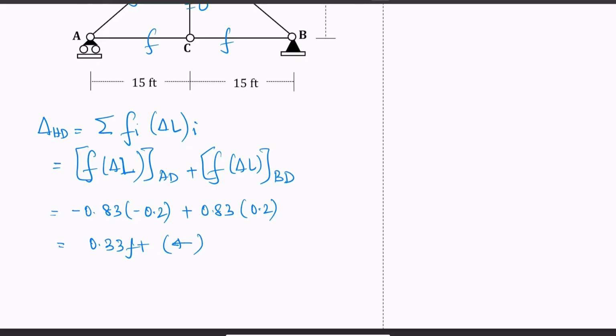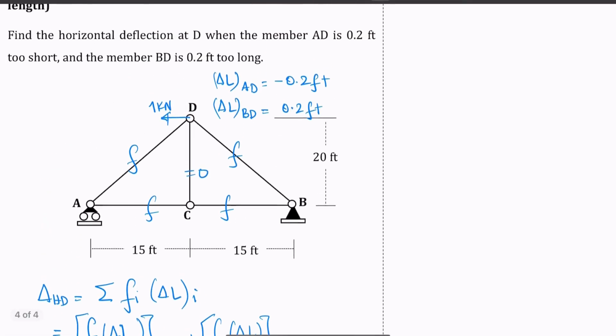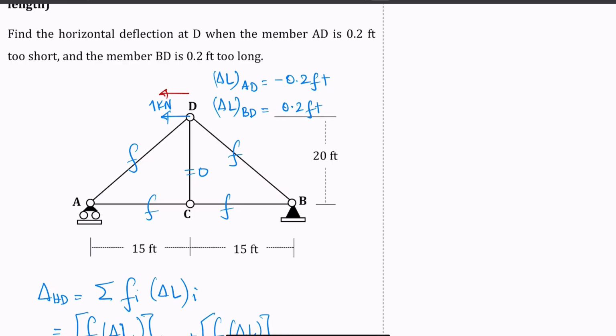That means it will deflect in this direction, your horizontal joint at D. Okay, so your horizontal deflection on joint D will move in the direction where you apply your unit load. And let's see whether it makes sense or not.